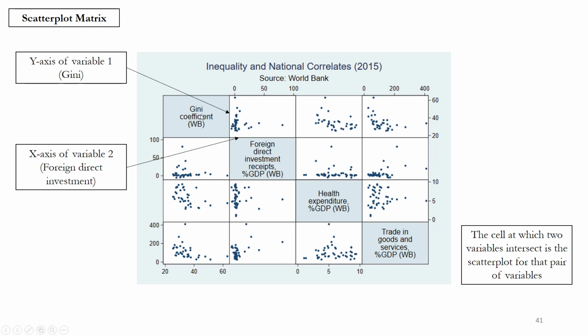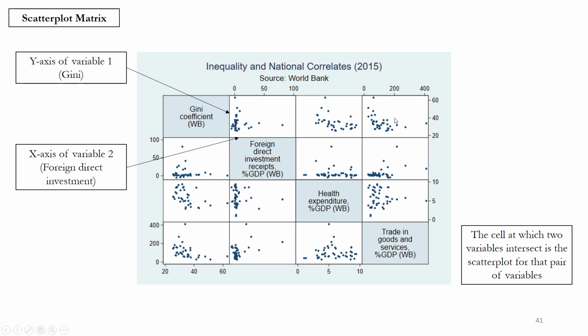What that means is if we want to look at the scatterplot for inequality and trade, we simply measure up from trade, across from inequality. So this axis here is the inequality axis, and this one here is the trade axis. And it allows us to look at the slightly negative relationship between those two. We move across to this one. It's quite common to use the half option in these to turn off the top half to make it slightly more legible.